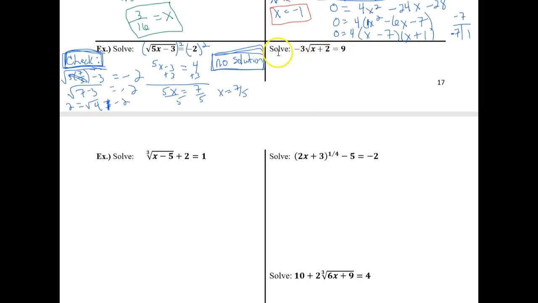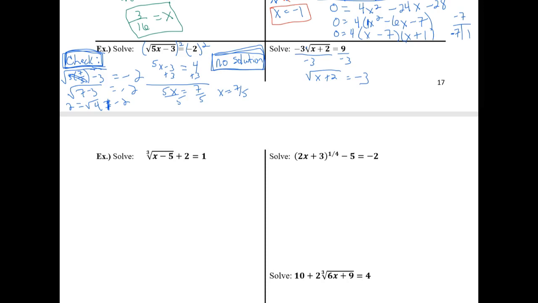So this example on the right, we have negative 3 times the square root of x plus 2 equaling 9. So right now it equals positive 9. It looks like nothing's wrong. But if I isolate this, divide both sides by negative 3, because this is 3 times, I can undo that times with division, I'd end up with a square root of x plus 2 equaling negative 3.